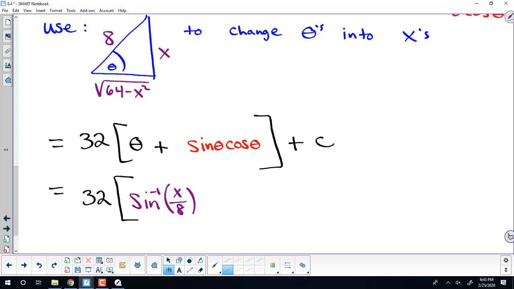Plus sine theta times cosine theta. We're using this triangle here. Sine theta was x over 8. And cosine theta is the square root of 64 minus x squared over 8. Cosine is the adjacent side over the hypotenuse, the square root over 8. I guess I should have done that right, but whatever.